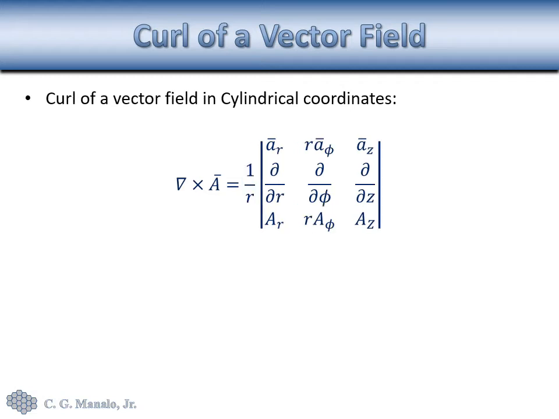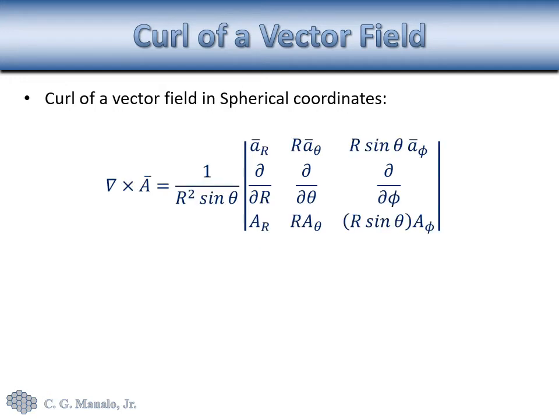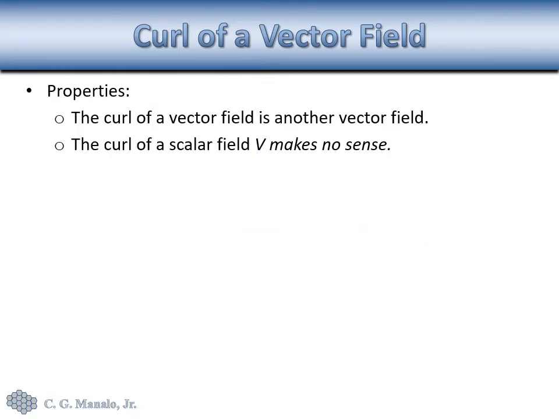If we are dealing with cylindrical coordinates, this will be the expression, and for spherical coordinates, we can use this expression. Take note that the curl of a vector field produces another vector, and there is no such thing as the curl of a scalar field, because the curl always refers to a vector.